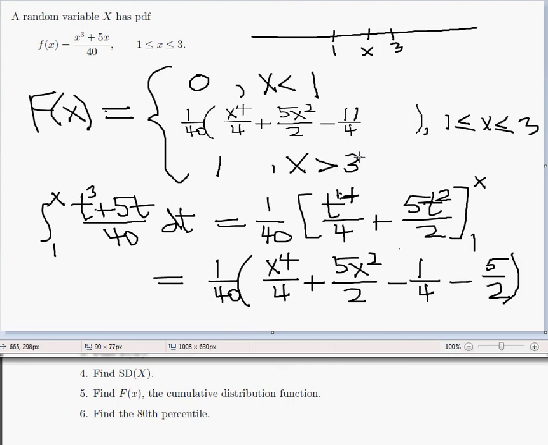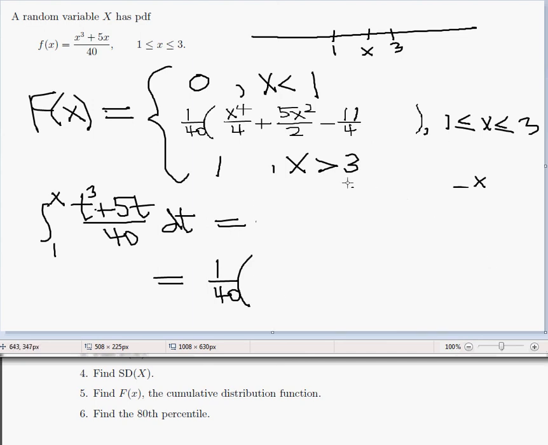Lastly, we need to figure out the 80th percentile. To get the 80th percentile, the question asks, find the value of x so that the area between 1 and x is equal to 0.8. So, in other words, I need to set this integral, the same integral that I had before, equal to 0.8 and solve for x.